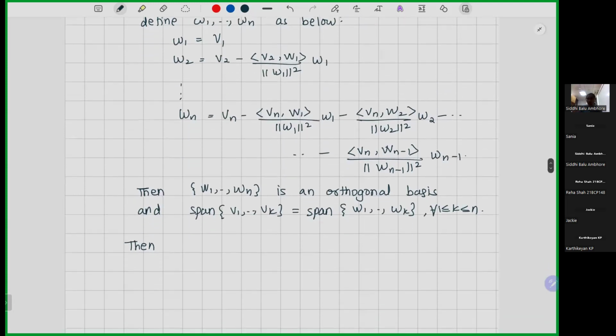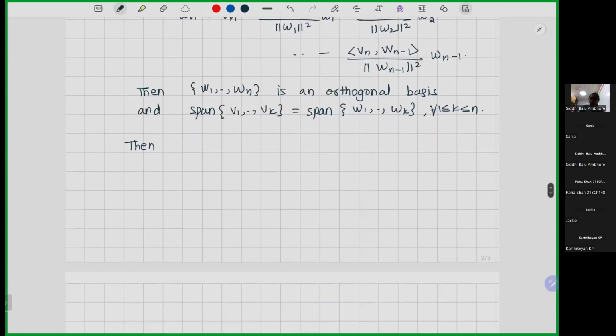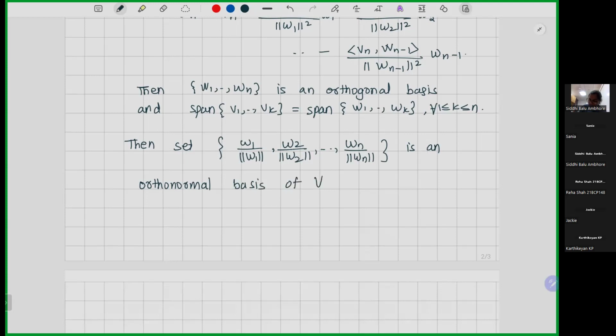Orthonormal is an orthogonal set where the norm of each vector is 1, so we divide each element by its norm and get an orthonormal basis of V.